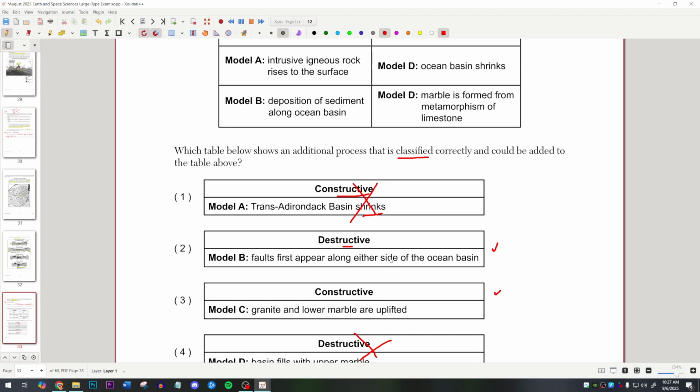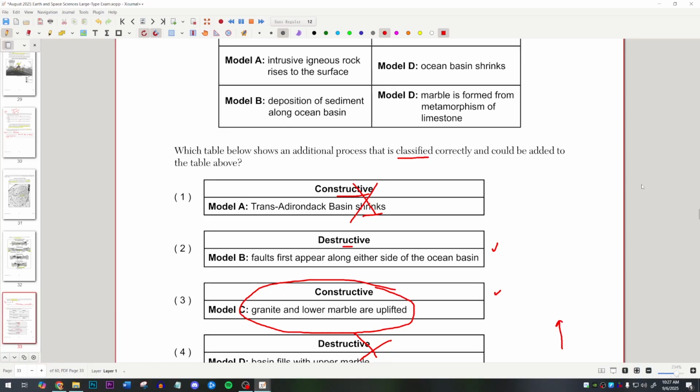It's not really destroying anything yet. You're cracking the area. Maybe that could be destructive. Constructive, granite and lower marble are uplifted. I don't know if that's better. Uplifting is just moving it, right? It's not constructing it necessarily.